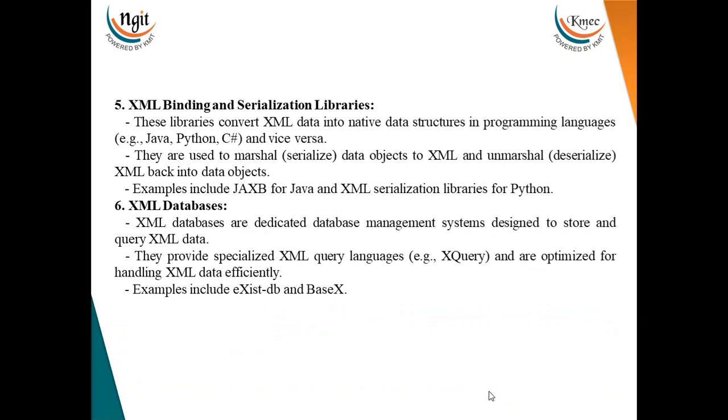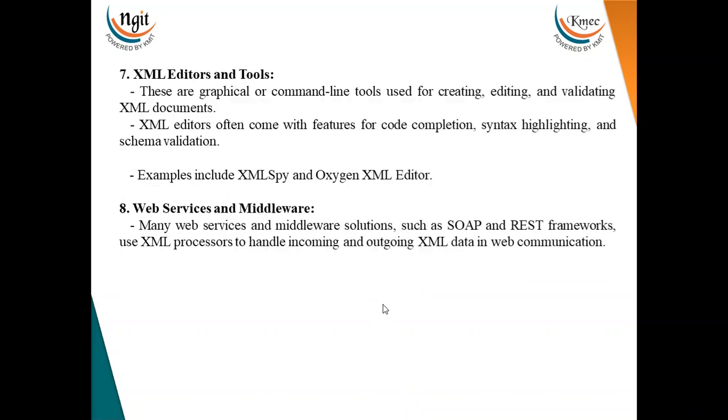Then XML databases are dedicated database management systems designed to store and query XML data, with XQuery, an XML query language optimized for handling XML data efficiently. For example, BaseX and eXist-db are dedicated database management systems for XML.